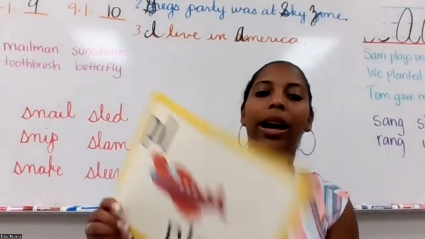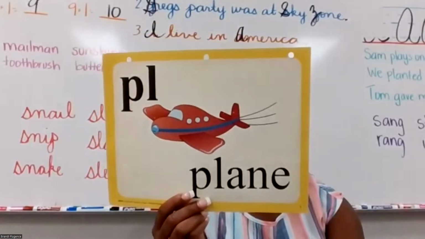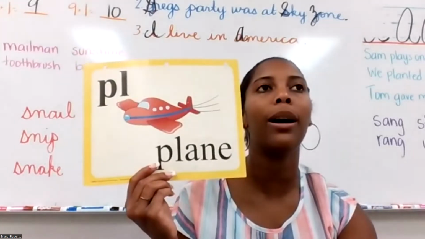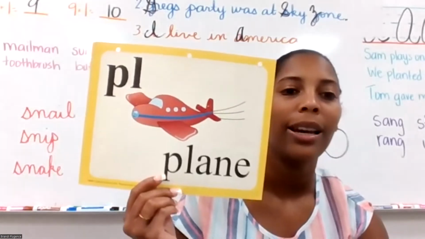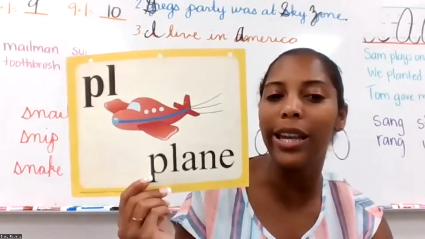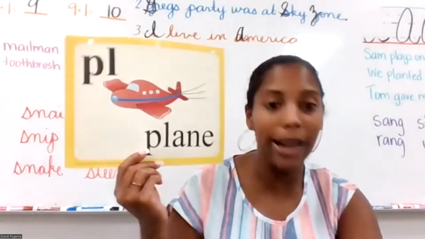Next one, PL says pull, and plain. All right, whenever you are trying to do something, and it's a big thing that you have to do, it's good to make one of these so that you know exactly what you need to do instead of just going at it and not knowing.